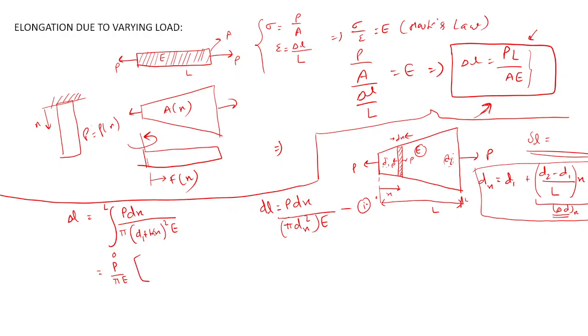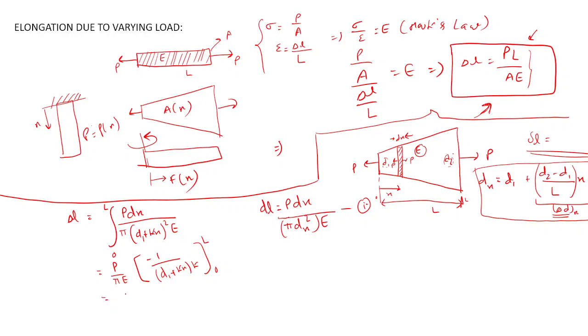Integration of 1 by x square is similar, no? It would be minus 1 by x, right? So minus 1 by d1 plus kx, and here k is there, so k will come here, correct? Now we'll simply put the limits 0 to L.